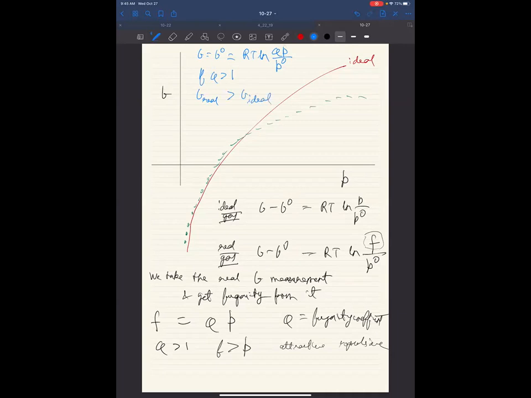Because G ideal would be coming from just looking at this thing, and you are multiplying it by something which is more than 1. So this means that, and actually, let's draw it using some other color curve over here, something like this, phi more than 1. So let's look at this value over here. You had some free energy, which is G ideal, and this is some G real.